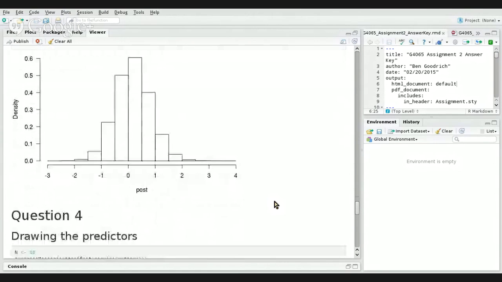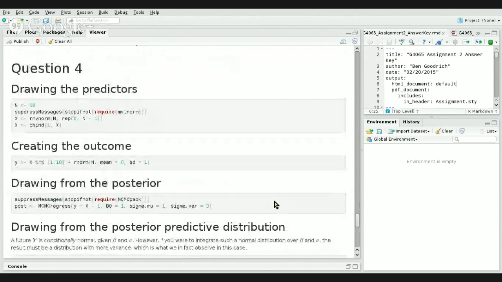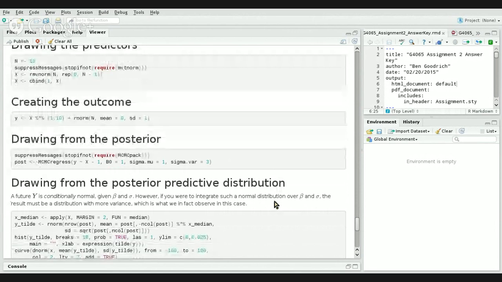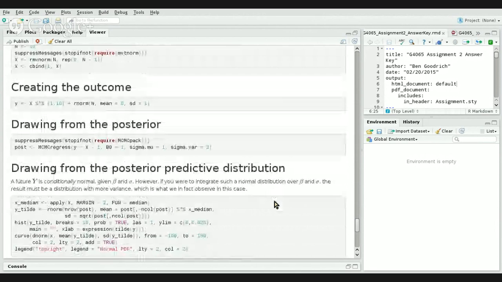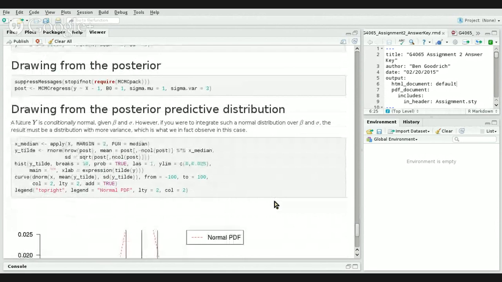All right. Question 4 involved MCMCpack. Again, you needed to make n be 10 in order for this to work in practice, but it would work in principle even with smaller n, provided you had proper priors. So you just draw x, construct y with this form here using normally distributed errors.